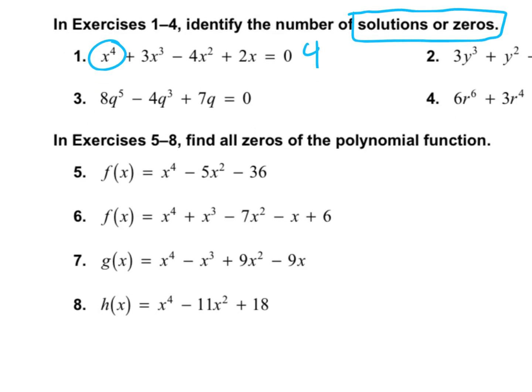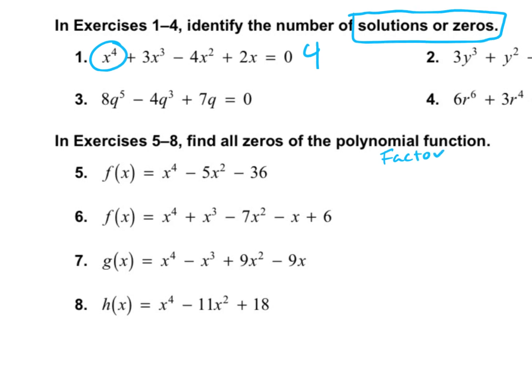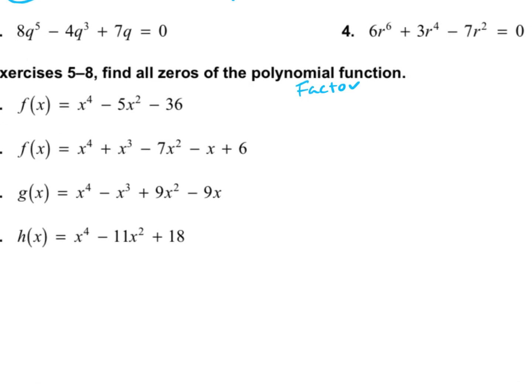For 5 through 8, we can factor these. But what happens if it doesn't factor? Like number 6, we can't factor that. What would we have to do? Last over first. So factor, or if it doesn't factor, we do factors of the last over factors of the first.